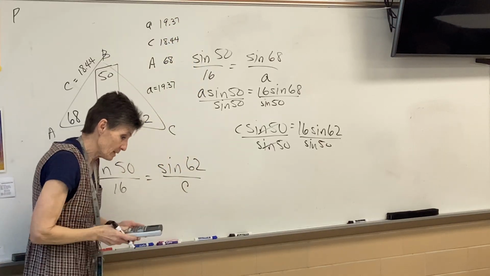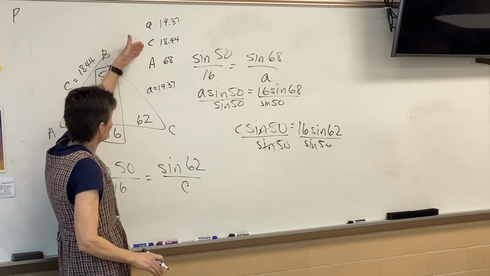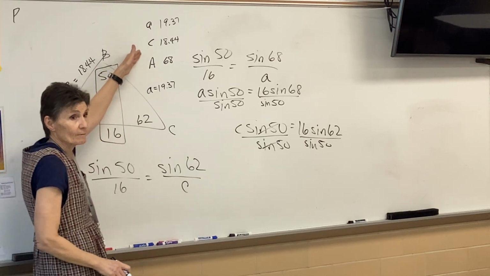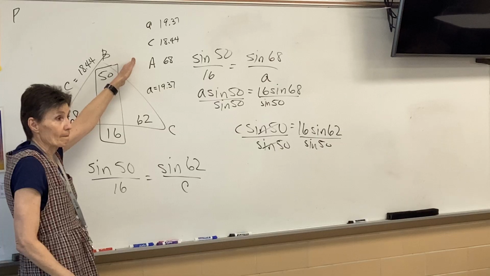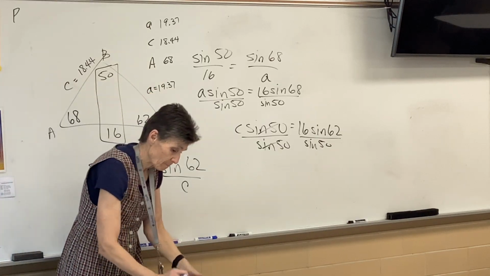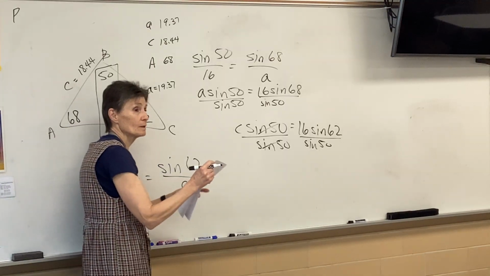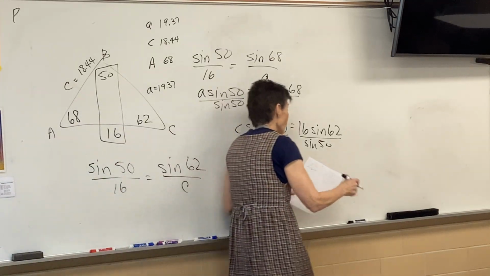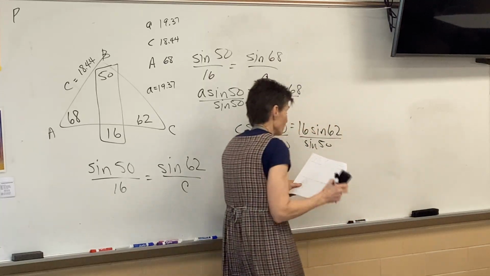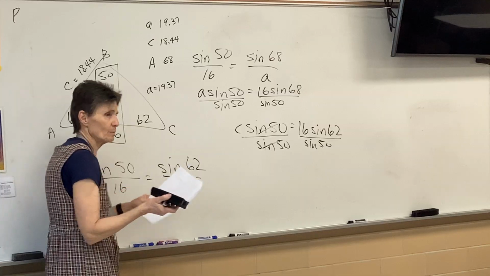So we're going to be rounding to the nearest hundredth. So these would be my answers right here. Are we okay with that? We did B yesterday. So we're going to move on to number 3. 2B should already be done. Did we do that yesterday?